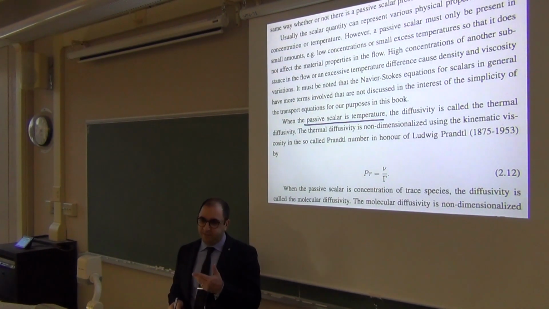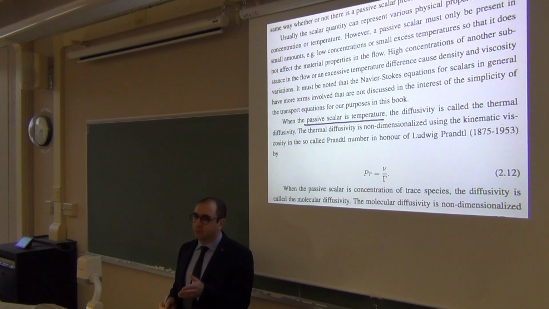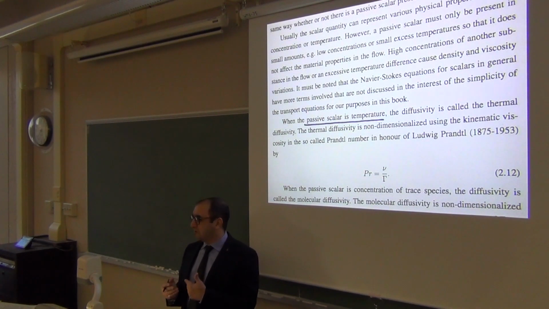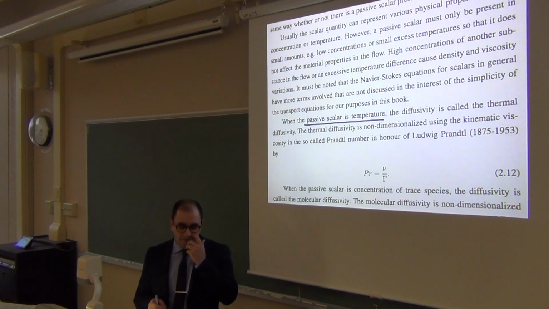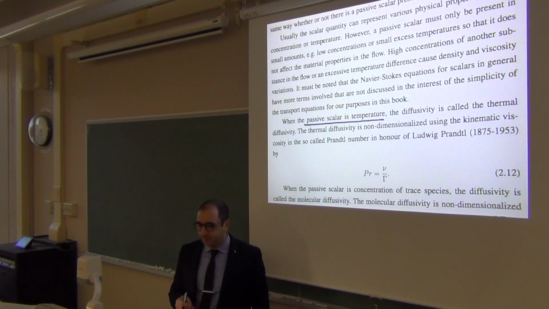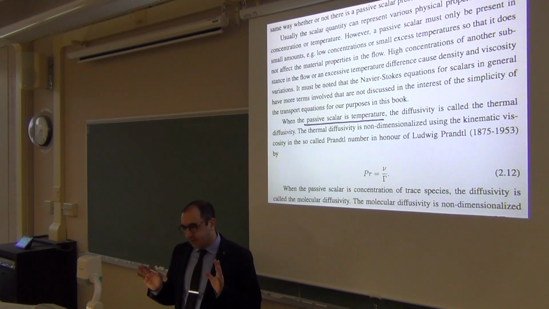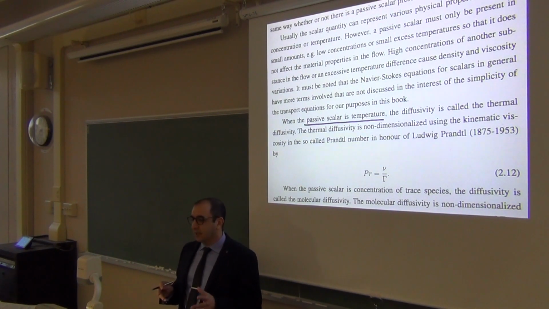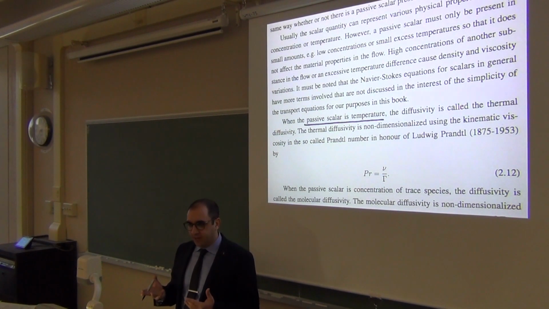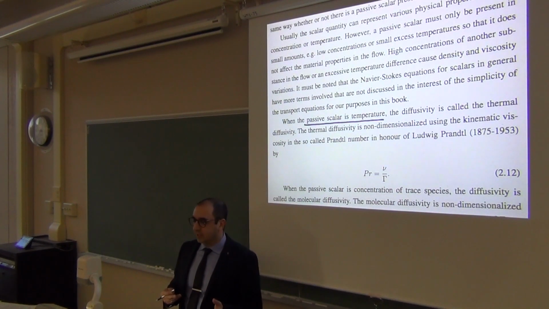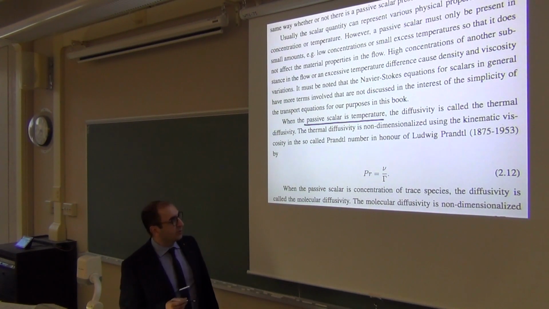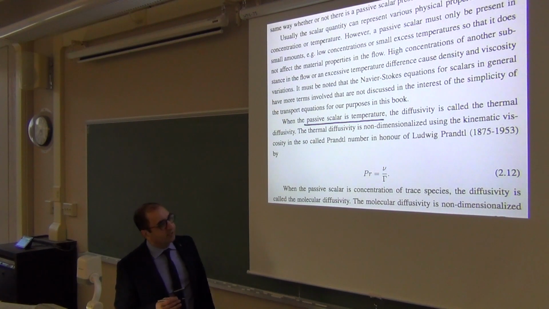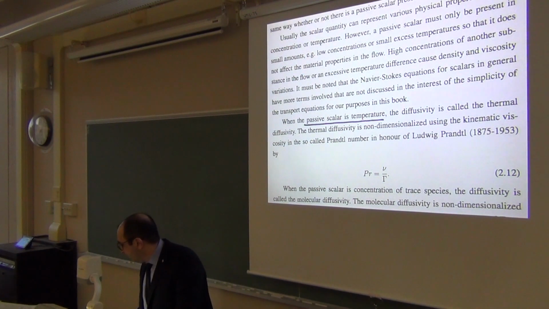By definition, you may assume temperature, if its variation is very moderate, is not influencing momentum. So under very limited conditions, it could be considered as being passive. You could do that, although if temperature gradients are high, then it's not passive anymore. But one level of approximation is to assume temperature is a passive scalar. It could be under very special cases.